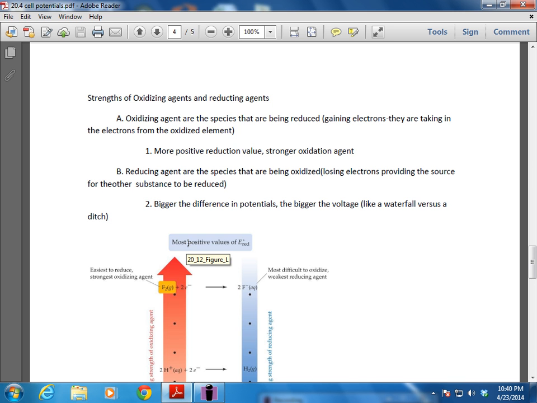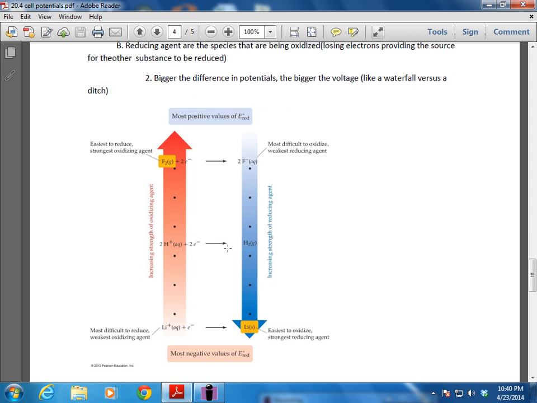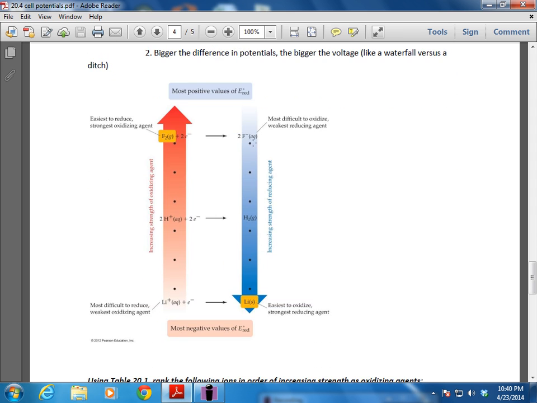That's a reducing agent. Typically, the bigger the difference in potentials, the bigger the voltage. It's like the difference between a waterfall versus a ditch. A waterfall is usually really tall, a ditch is very small, so you're going to get more flow the bigger the difference. This graphic that you see in your book is really good. Up here at the top, the best oxidizing agent is fluorine because it's the easiest to reduce. They're just opposites of each other.